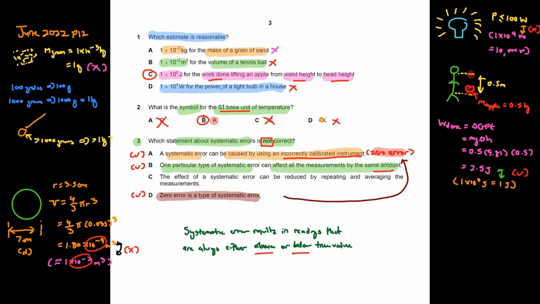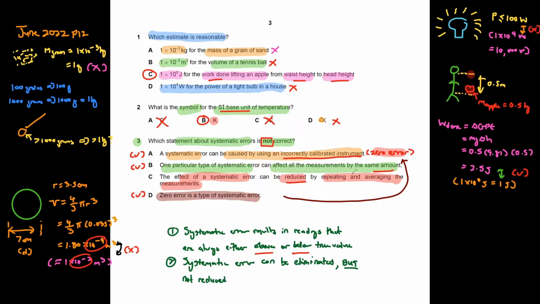But let's check it. The effect of a systematic error can be reduced by repeating and averaging the measurements. So here they're telling you systematic error can be reduced. This is actually wrong. One of the things that you learn about systematic error is that systematic error can be eliminated, but not reduced.